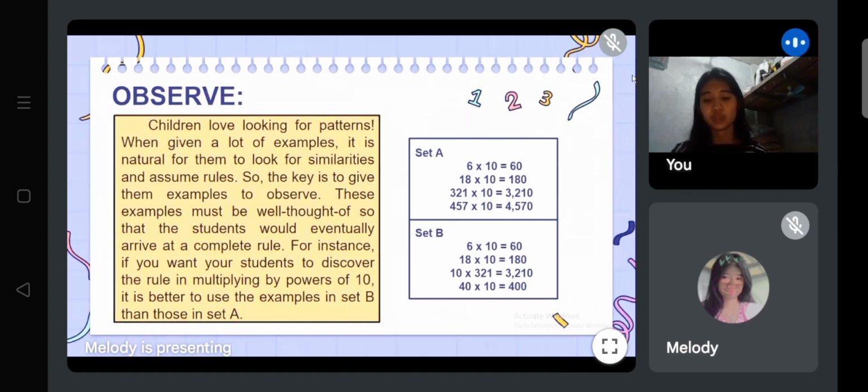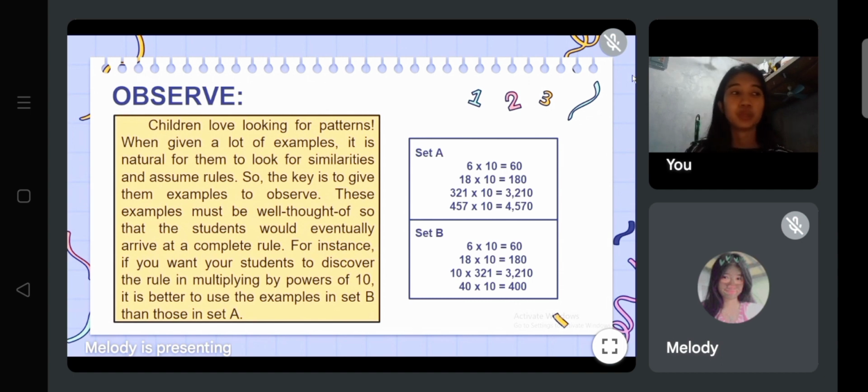However, the variety of examples in set B allows the student to establish that the rule works even when exchanging 10 and the other factor, like 18 multiplied by 10 equals 180. It also shows that if the other factor ends with a 0, the 0 is not neglected, like 40 multiplied by 10 in set B. So set B allows the student to have a more comprehensive understanding of the rule.